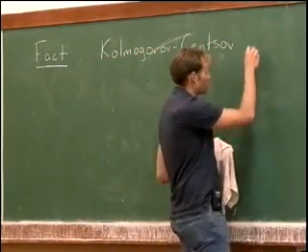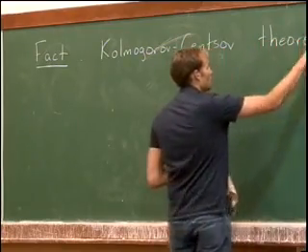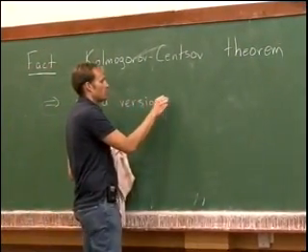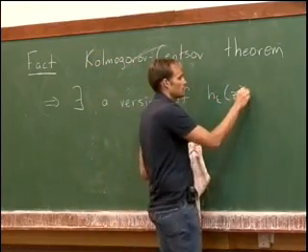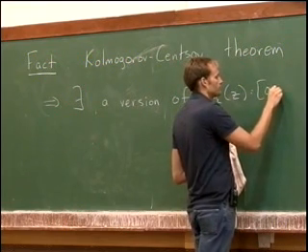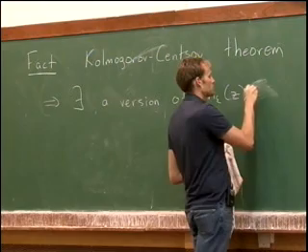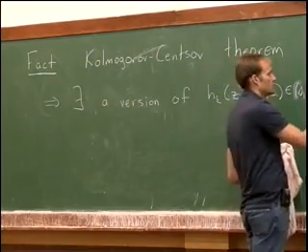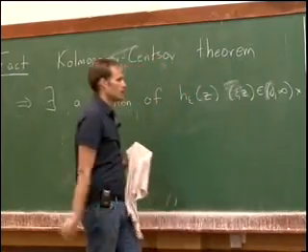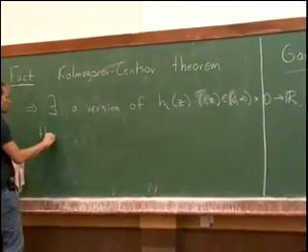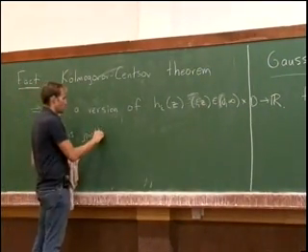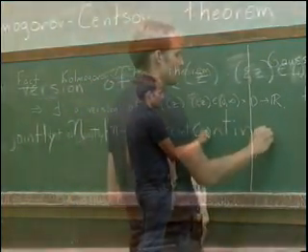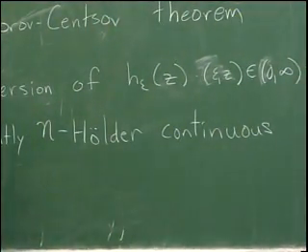if you use the standard Kolmogorov-Chentsov type theorem, it implies that there exists a version of h epsilon of Z as a function from epsilon, Z in 0 infinity cross D into R. There exists this function that is jointly Holder continuous in both variables, and that's for all eta less than 1/2.